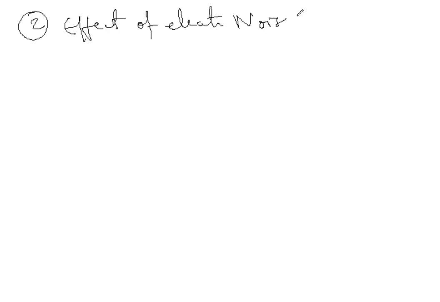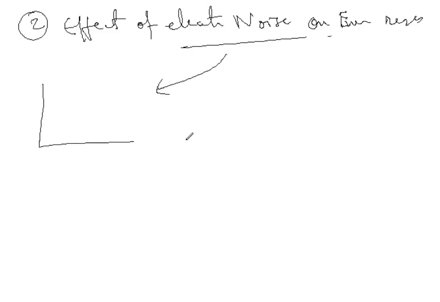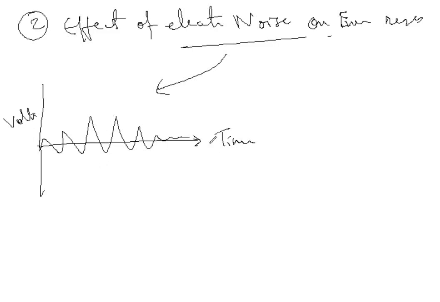Effect of electronic noise on again energy resolution, right? Now what is electronic noise? Basically electronic noise, if this is voltage and this is time, then this is electronic noise.